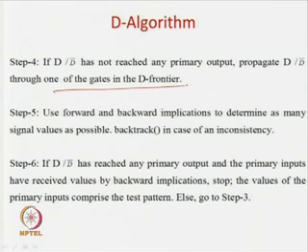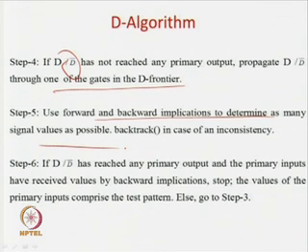But if there are a number of gates in the D frontier, then you have to select any one of the gates, and propagate the value of D or D prime, and you have to do this until you reach the primary output. Once you have propagated the value of D through one gate, you have to use forward and backward implication to determine as many signal values as possible. That is, you have to go for implication, or you have to justify the gates in your J frontier.